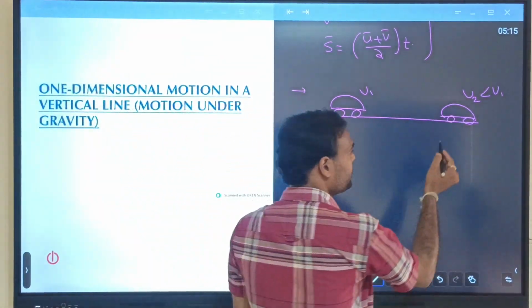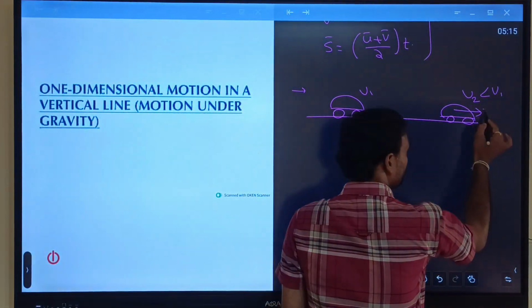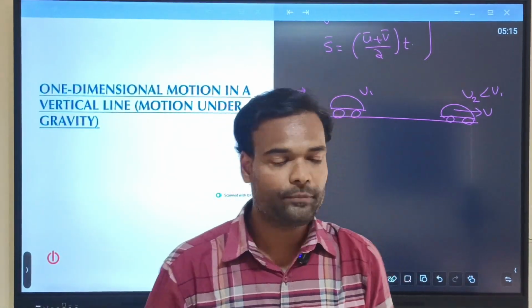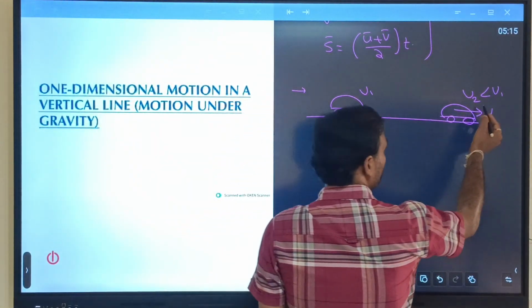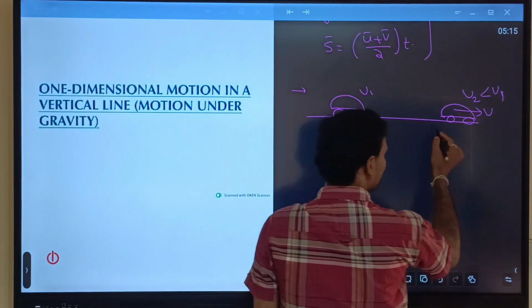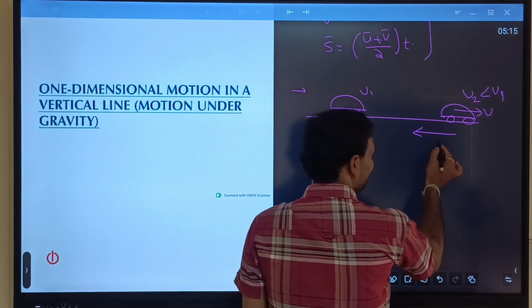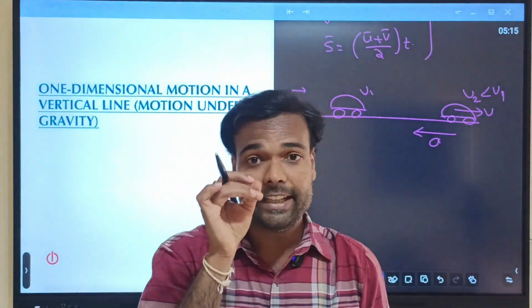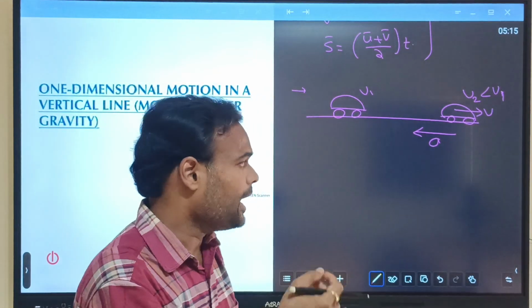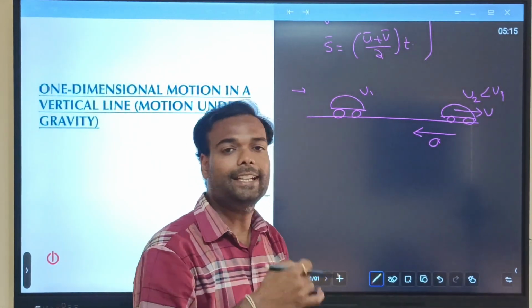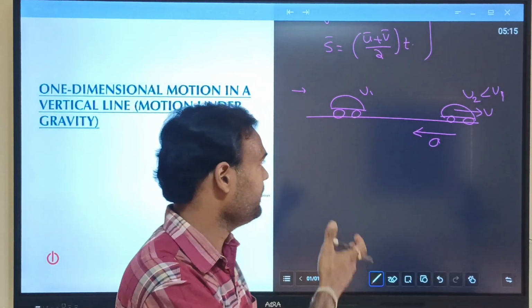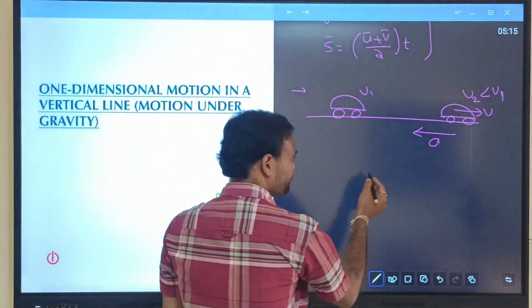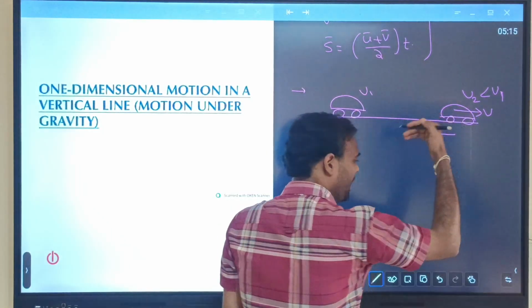This says that the direction of velocity will be in the direction of the object's motion, and since its velocity decreases, the object is retarding. The object is retarding means the acceleration is in the opposite direction of the velocity.